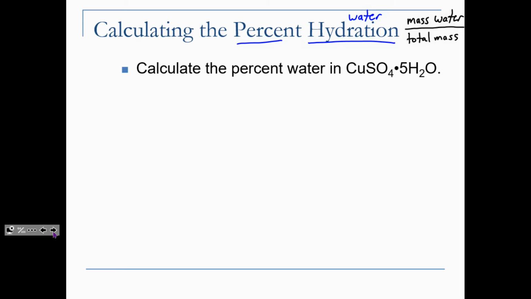So we're going to find the amount of water percentage-wise within this compound. And I do see 5 waters, so we're going to take 5 waters and divide it by the total mass. So we're going to have to bring back the concept of molar mass, which means we're going to need our periodic tables.